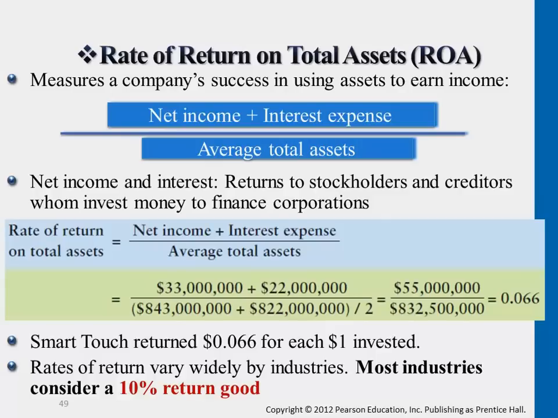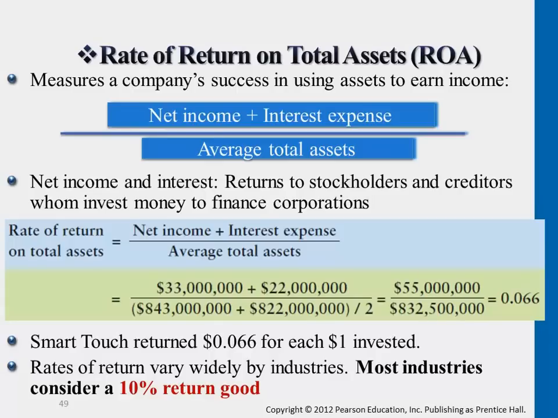Altogether, interest is $22 million. So this ratio at the end will tell you, per dollar of total assets, how much return is generated. This 0.06 means for every dollar of total assets invested in the company, it turns into 0.06 of return of net income plus interest on average.